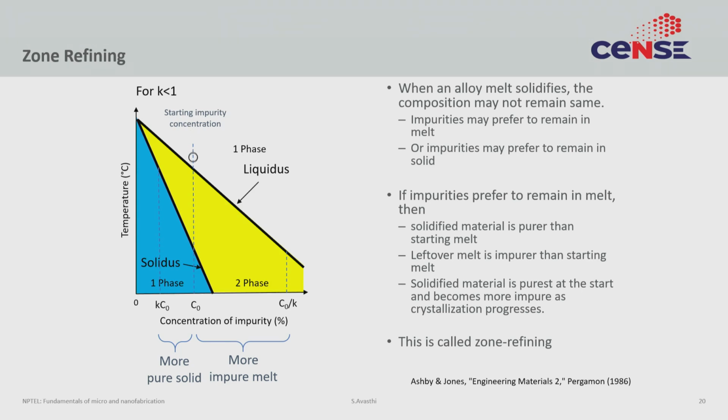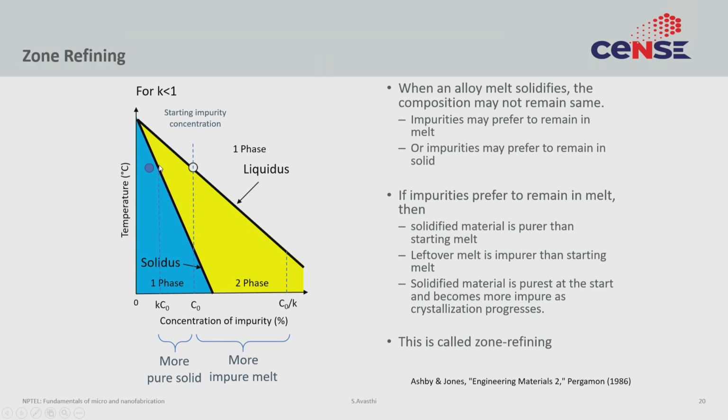So you come down that line and you reach the liquidus. Now remember, the system does not like to remain in this yellow region. So then what it does is phase segregation. It forms two materials, one at the liquidus line, one at the solidus line. So this material is what is solid.